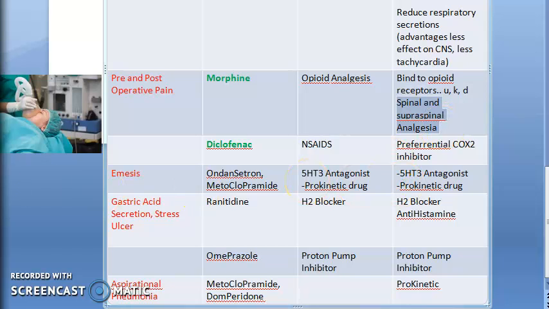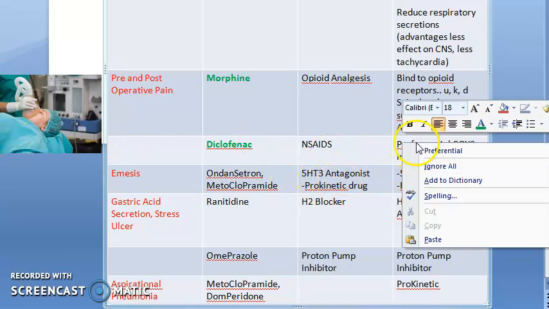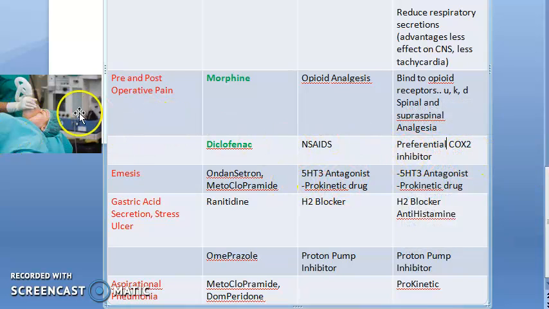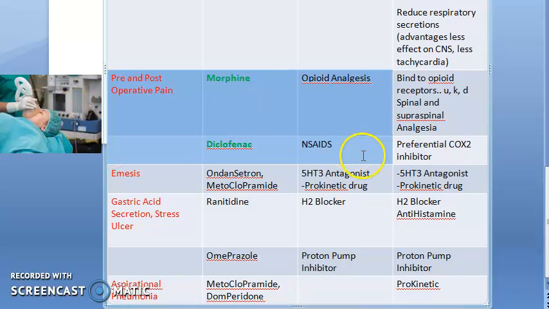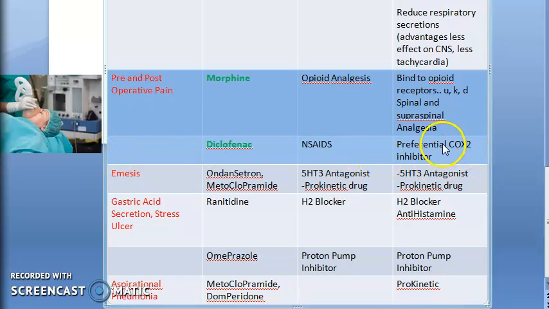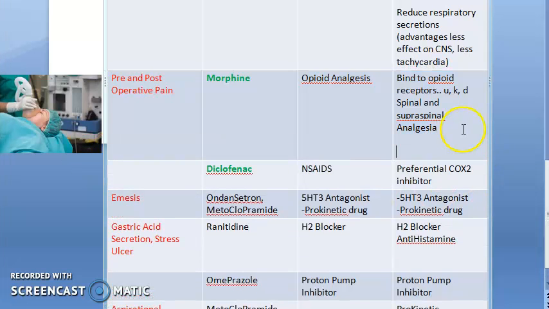Okay. So what happens? You can also give diclofenac, which is an NSAID. It's actually a preferential COX-2 inhibitor. Now currently we are looking at pre and post operative pain. Opioid analgesics such as morphine, pethidine, fentanyl may be used to relieve pain. The limitations with opioids are respiratory depression. So there's a problem here that you should expect.